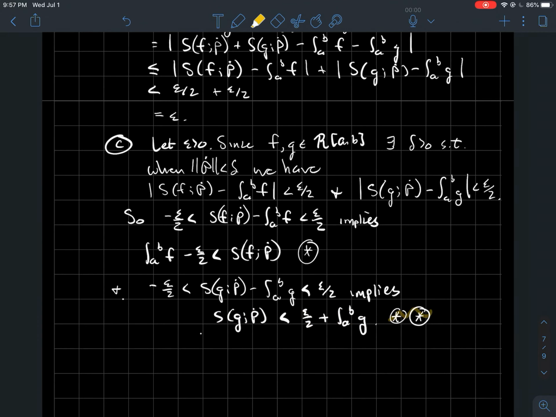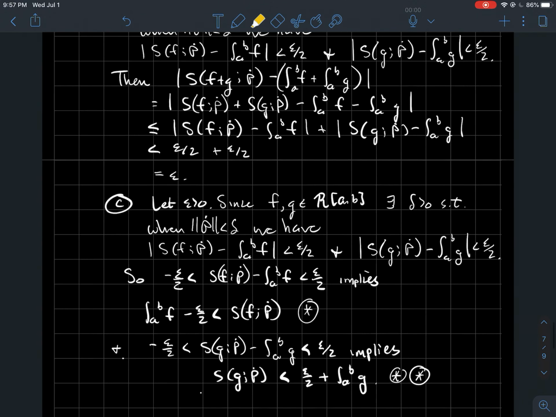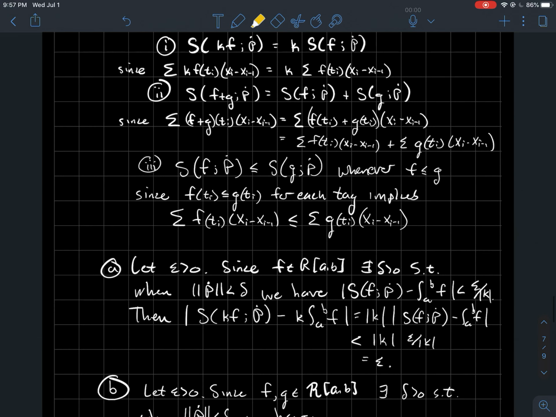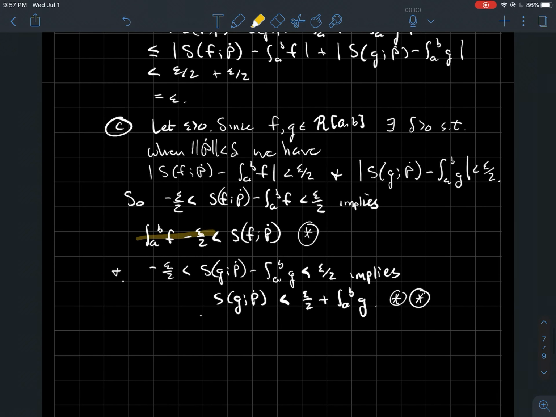That's double star. So finally, maybe you notice, what did I get to assume? I got to assume that f was less than g over this interval. And so what do I also know? By a little fact above, when f is less than g, then the Riemann sum of f is less than the Riemann sum of g. And so that's pretty cool, because now I see how to string star and double star together.